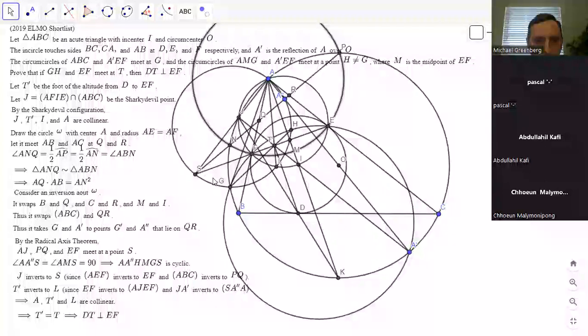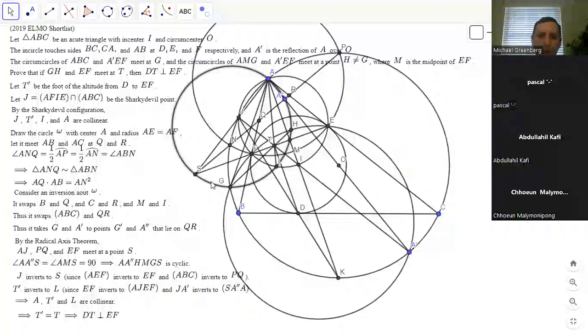Do we know this circle passes through H? I think by definition we do, because it lies on AMG. But do we know that? So we know A prime, A double prime, M, and S are on a circle. How do we know that G and H are on that circle? Let's see.